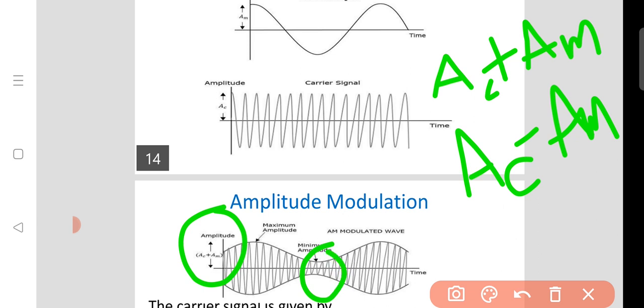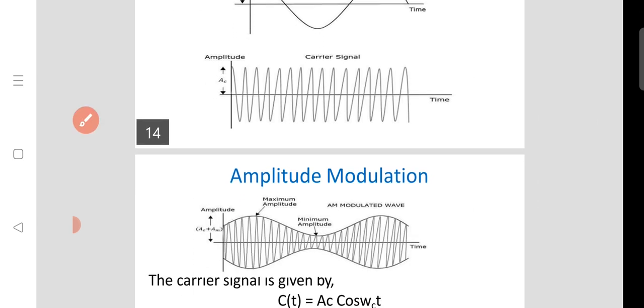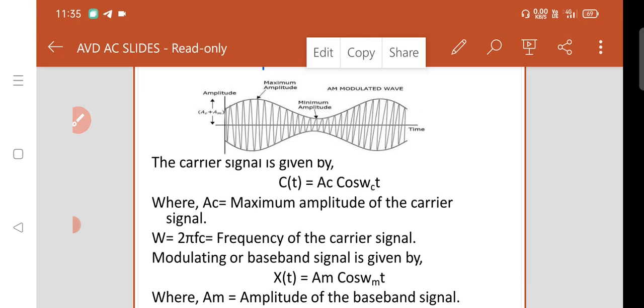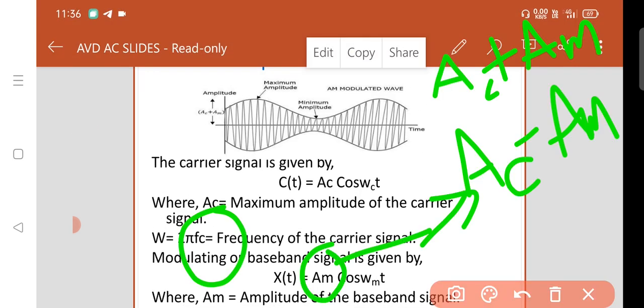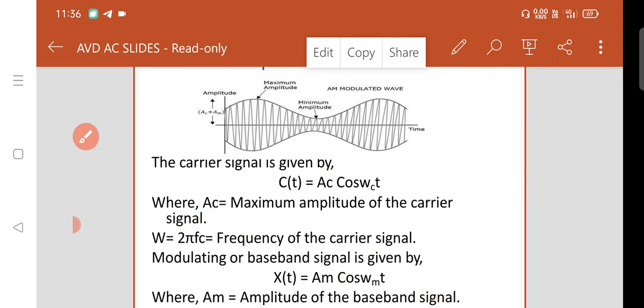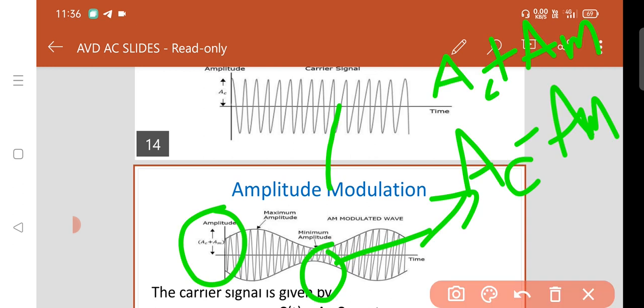At the AC plus AM position we get the maximum amplitude, and at AC minus AM the minimum amplitude.